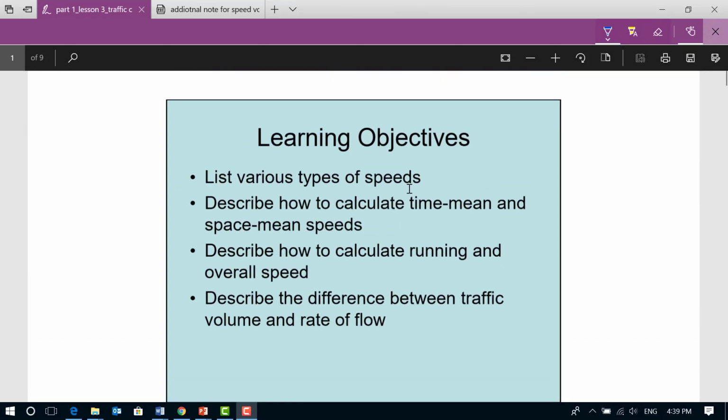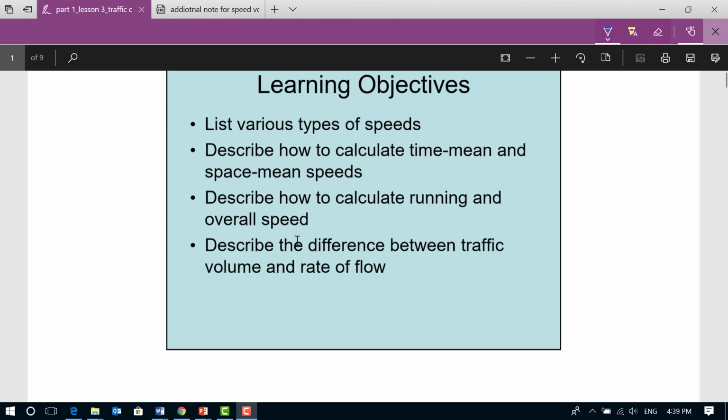Our learning objectives will cover all those traffic flow characteristics, including the different types of speeds, and how to calculate the time mean and the space mean speed, and how to calculate the running and overall speed. We will also describe the difference between traffic volume and rate of flow.